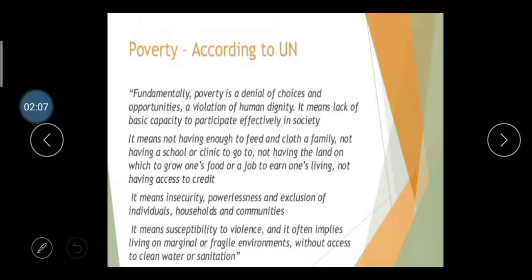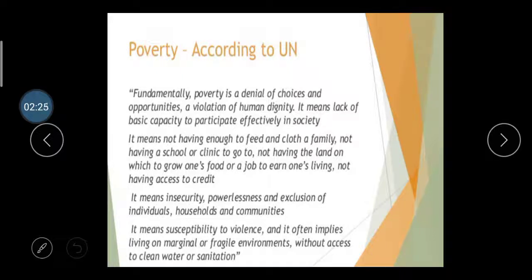Poverty according to the UN, the United Nations: fundamentally, poverty is the denial of choice and opportunity, a violation of human dignity. It means a lack of the basic capacity to participate effectively in society.